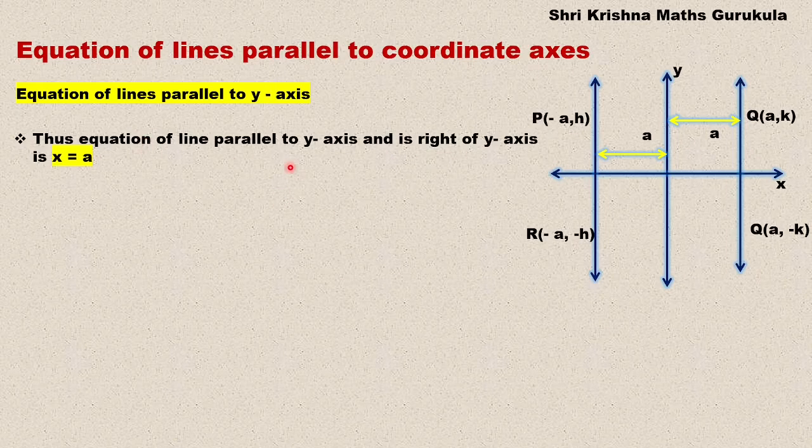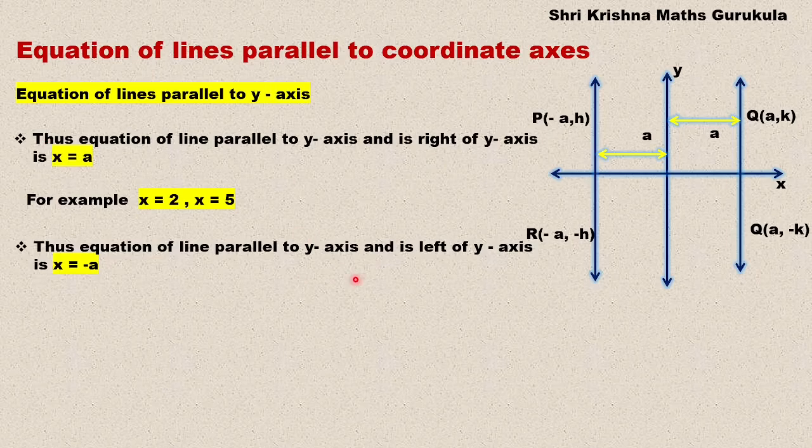So the equation of a line parallel to the y-axis and to the right of the y-axis, that means this, then the equation is x equal to a. That is the common property for all the points on this line. So for example, if this is at a distance of 2 units or if it is at a distance of 5 units, what will the equation be? It is x equal to 2 or x equal to 5, like that.